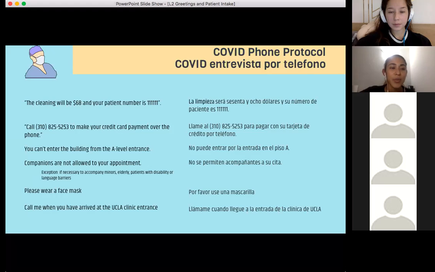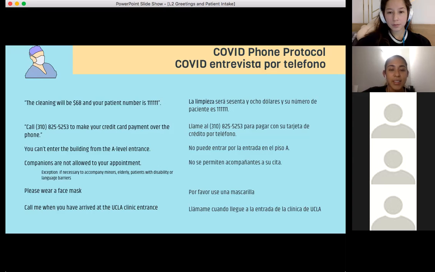The cleaning will be $68 and your patient number is, and then la limpieza será $68 y su número de paciente es. Call the phone number to make your credit card payment over the phone.